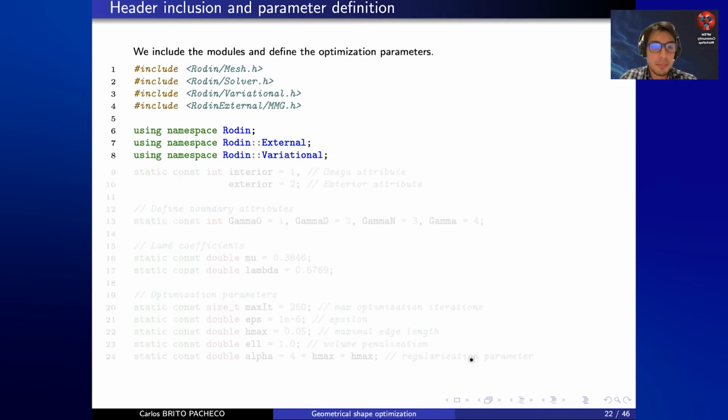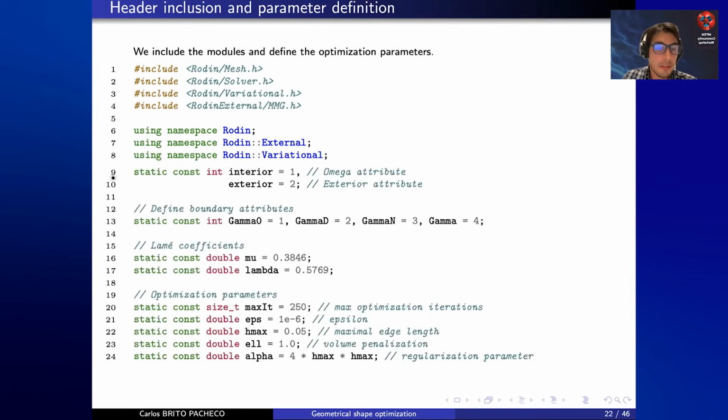So a typical Rodin program just looks like this. You include the necessary modules, so the mesh module, the solver module, the variational module, MMG, and you just gain access to the namespaces defined by Rodin. You define some parameters. So for example, you define the element attribute of omega, which I call the interior, the complement attribute, which will be the exterior.